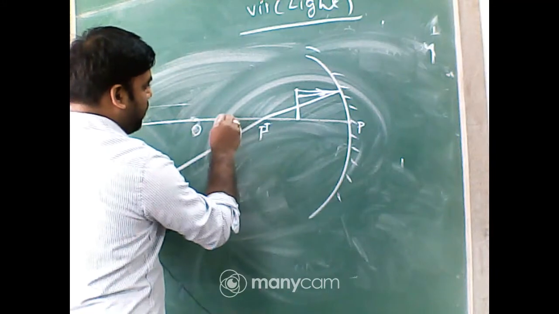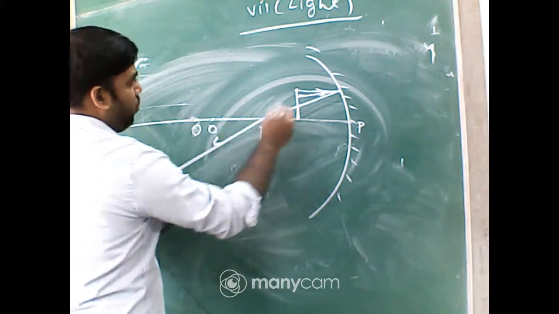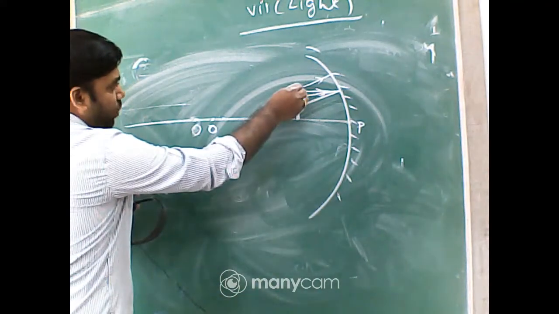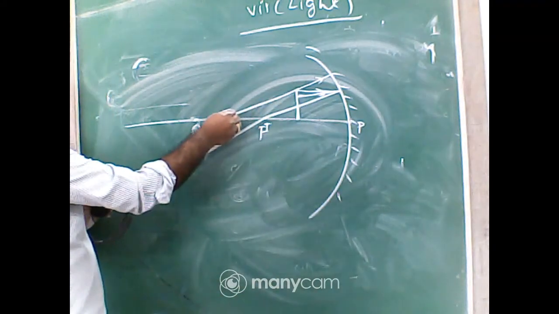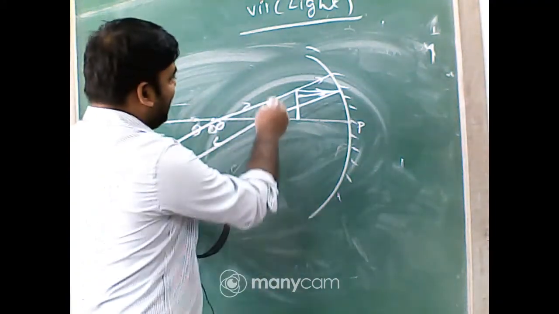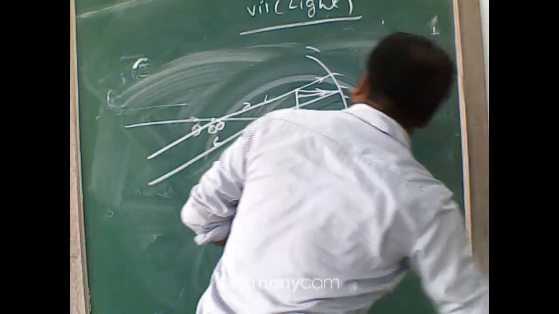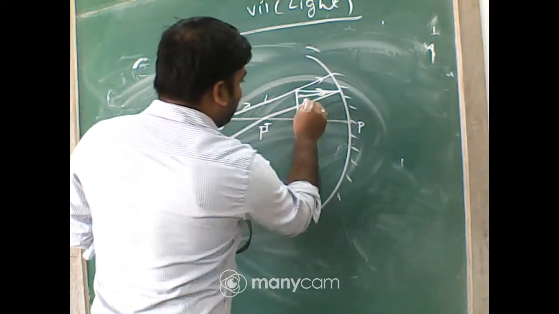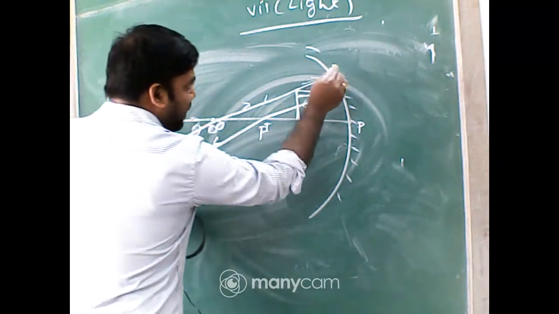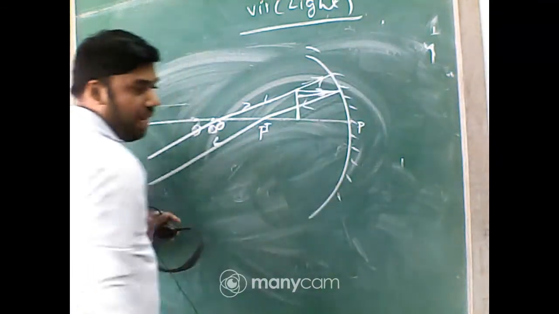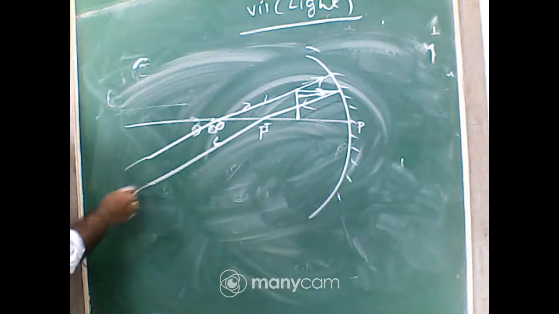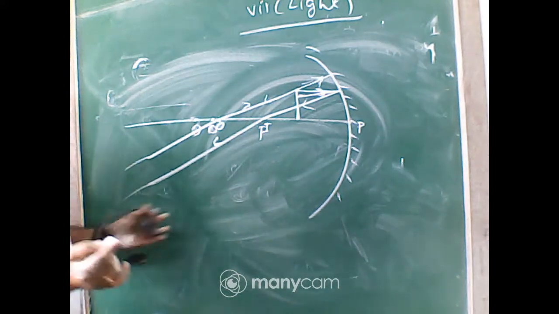That is F, and I am marking here O. The incident ray, after reflecting, will pass through the focus. And that is another incident ray, and after striking the reflecting surface, it will come back. So they never meet at any point, then the image will not form.